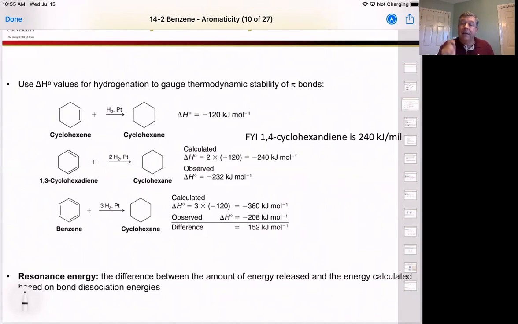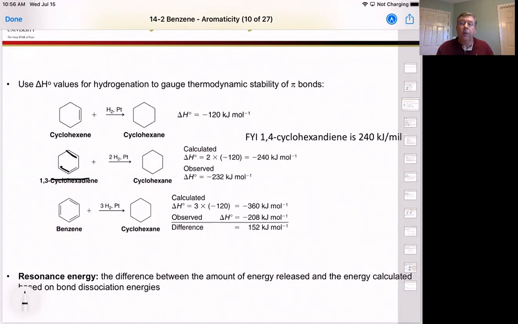So the difference in the calculated versus observed is the direct measurement of that conjugated stability that we learned about in the previous chapter. Okay, so for your information, if we went from the 1,3 derivative to the 1,4 derivative, where they're opposite each other and not in conjugation, it is actually measured to be 240 kilojoules per mole.